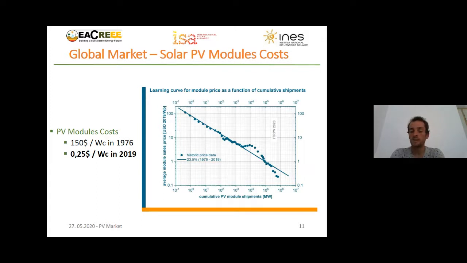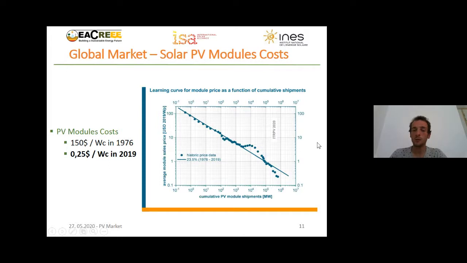What we can see is that the decrease of module costs is exponential, and that the cost of modules, which was around $150 per watt peak in 1976, is now in 2018 around 25 cents per watt peak, which is a dramatic reduction of module price. This cost reduction also allows the solar PV market to boom, and it will boom in the next years.